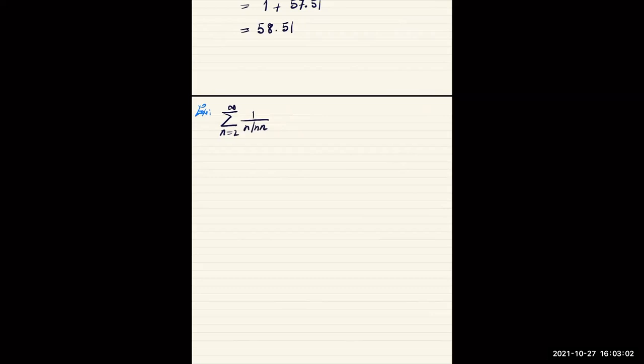I had to begin n at 2 because when n is 1, you get ln of 1, which is 0. You get 1 over 0, and that would be undefined.